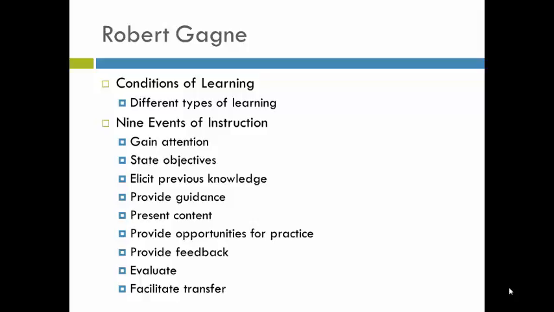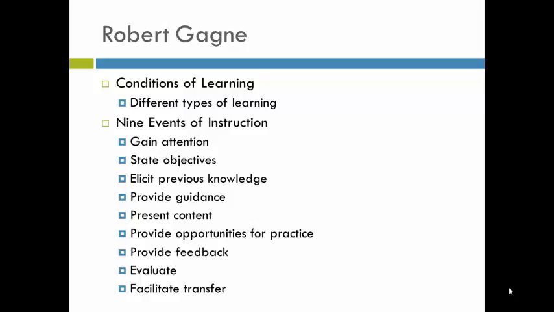Our first instructional theory I want to introduce you to is probably one of the most well-known in our field. And it was created by one of the most well-known theorists in our field, Robert Gagne. If you are in instructional design or instructional technology, Robert Gagne and his conditions of learning and 9 events of instruction should be very familiar to you.